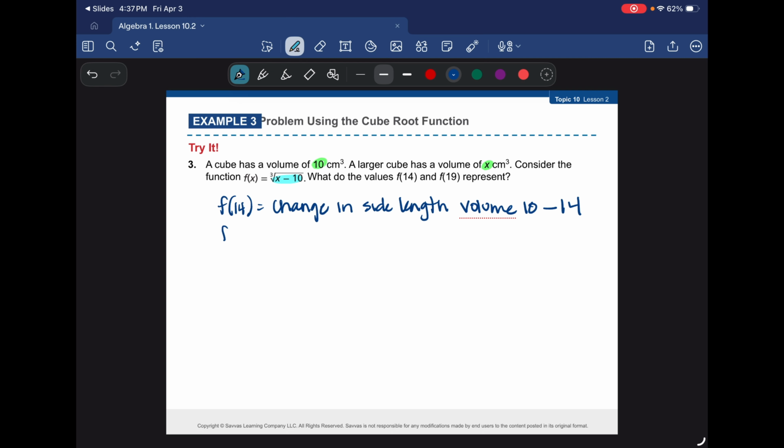And f of 19 would likewise represent the change in side length when the volume goes from 10 to 19.